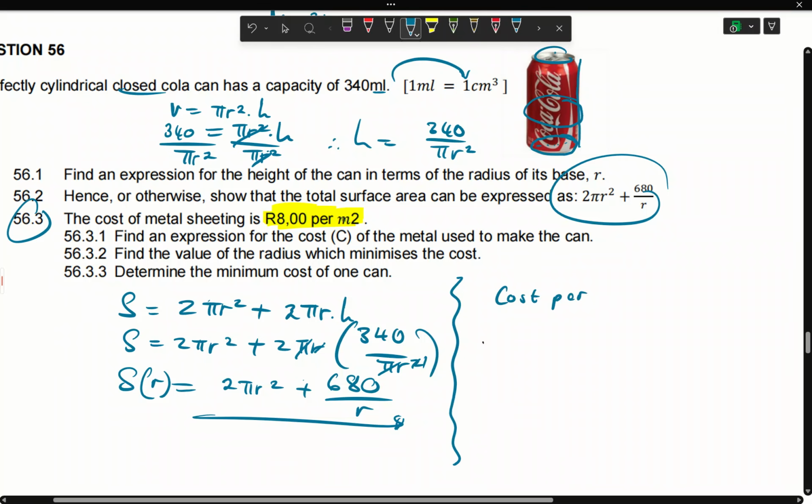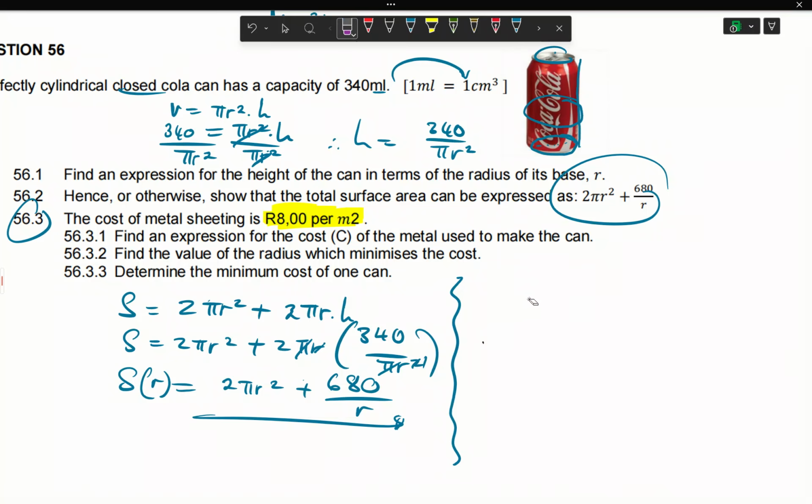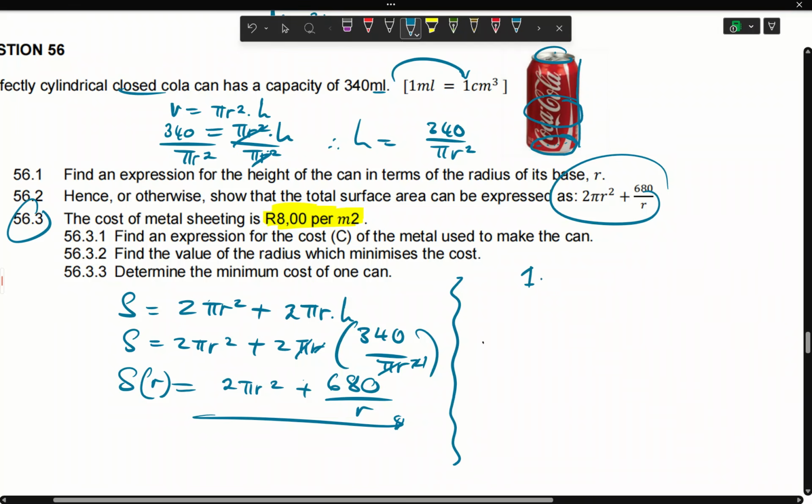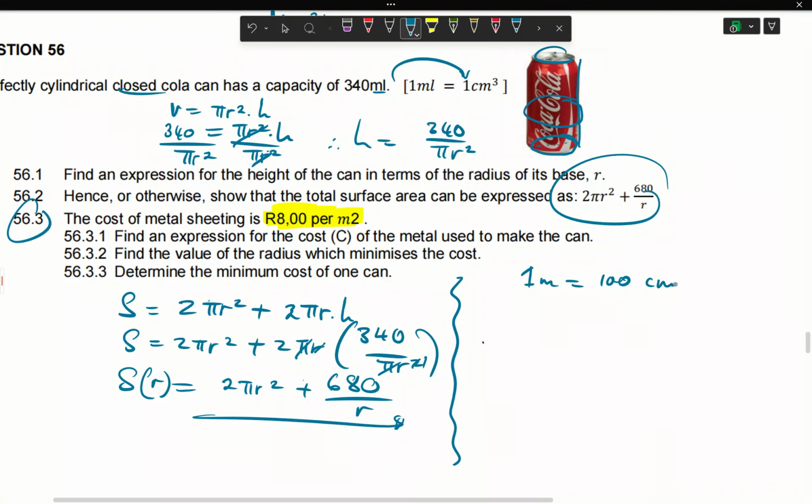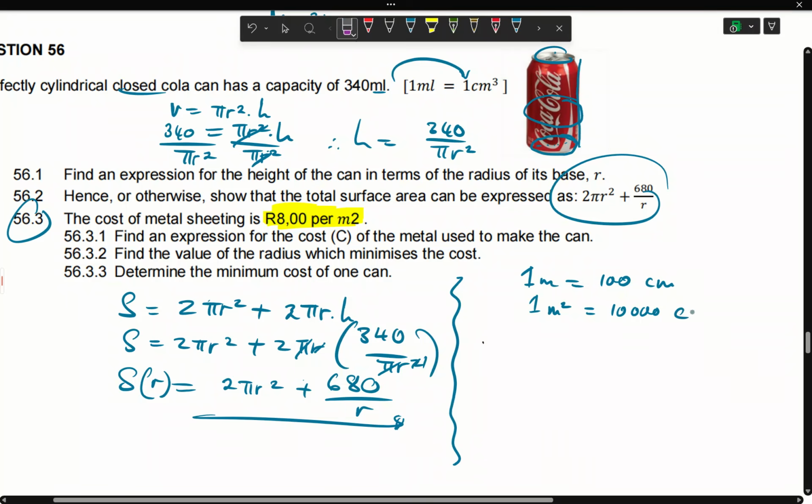per, or let me start by saying this. 1 meter, guys, is the same as 100 centimeter. Not one milliliter. 1 meter is the same as 100 centimeter. So since you have meter squared there, it means now 1 meter squared will be 10,000 centimeter squared.